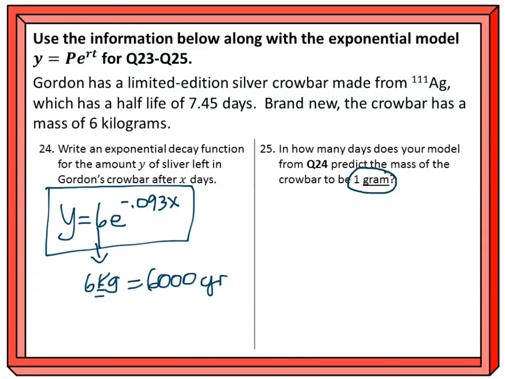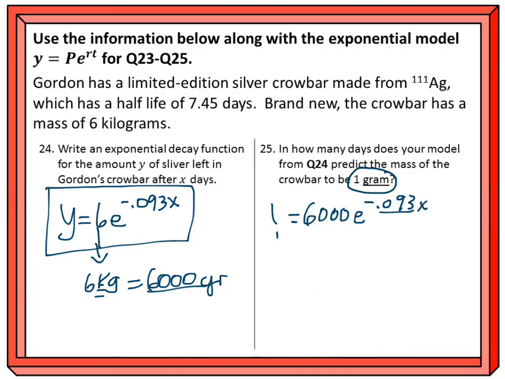And so it's more sensible to just change this number of 6 inside the equation to 6,000. So then we're all in grams now. So y is equal to 6,000 grams e to the negative 0.093x. And again, this is a number that I have stored in my calculator, so I'm using a more accurate decimal. Now I'm going to take the y out, and I'm going to put a 1 in its place. I want to be left with 1 gram.